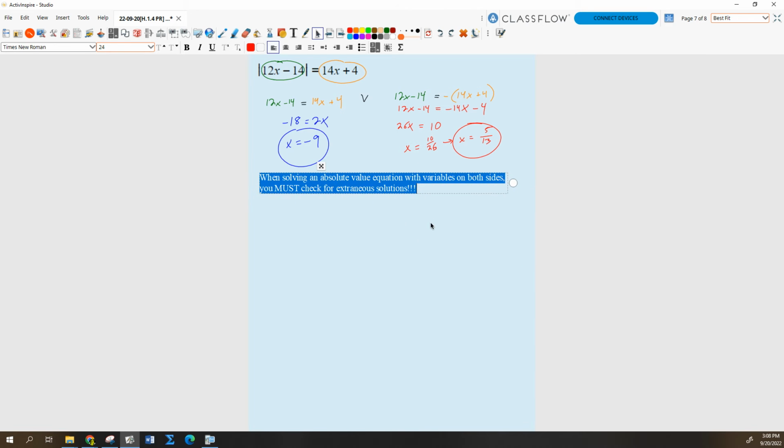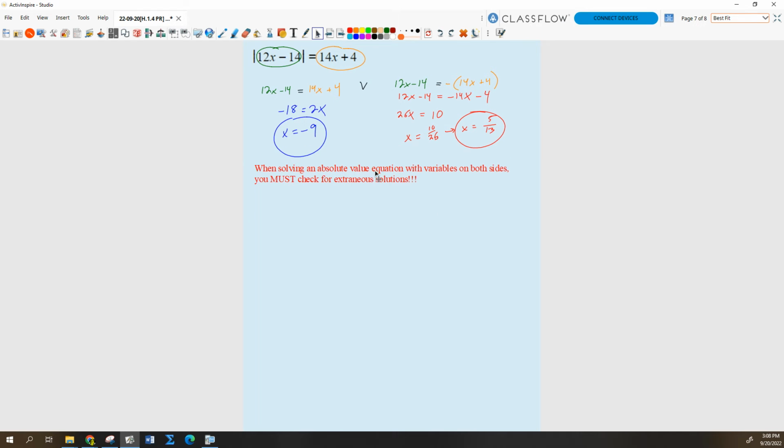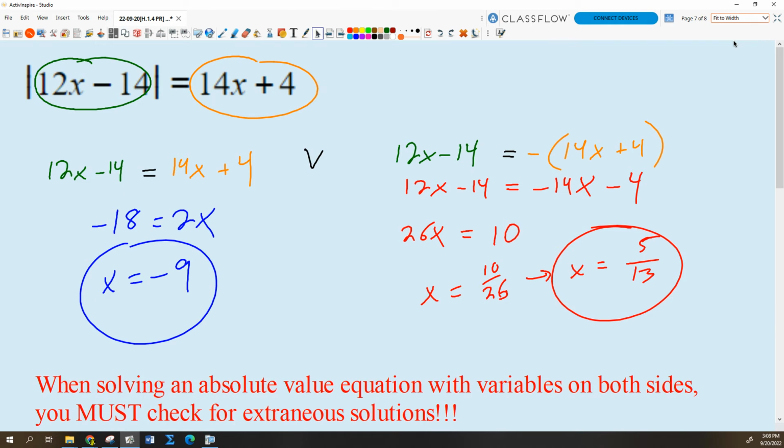Whenever we're solving an absolute value equation that has variables on both sides, we have to check these. What does extraneous mean? No, extraneous means false. It means false or invalid.